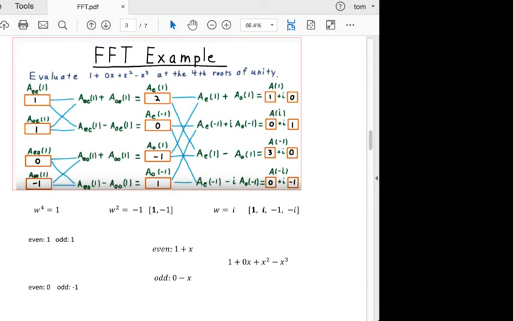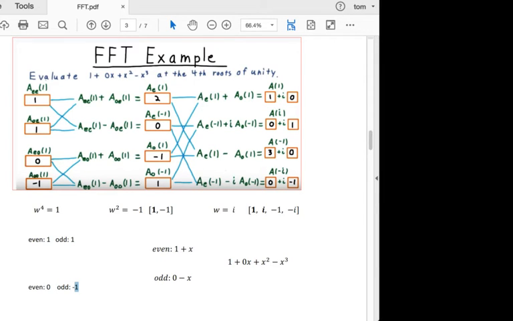The even is 1 plus x. The other side is 0 minus x. And again, split this part again. The even is 1 and the odd is 0 and minus 1, is that clear, right?